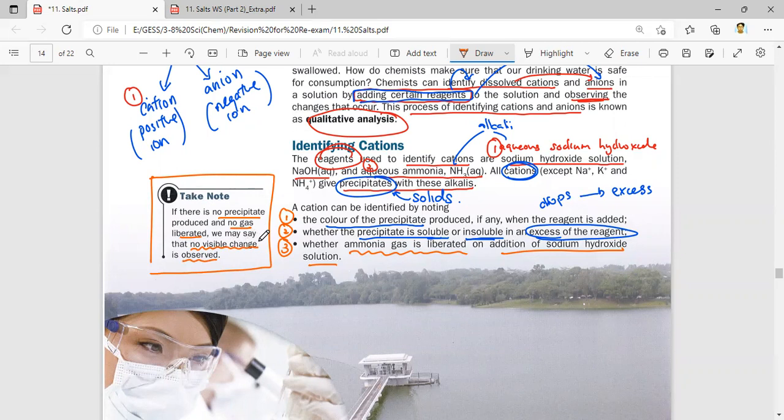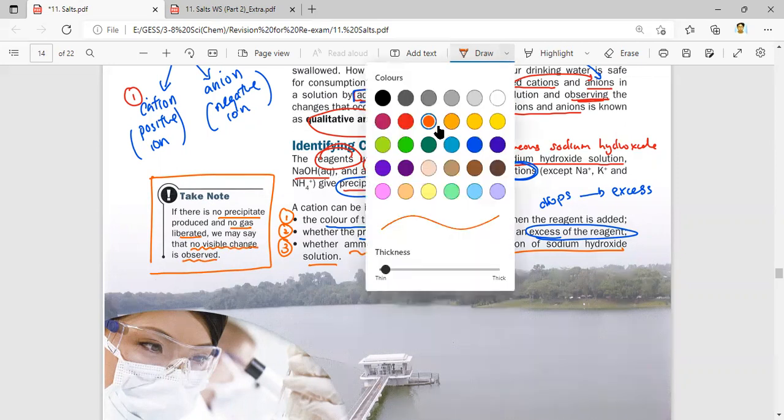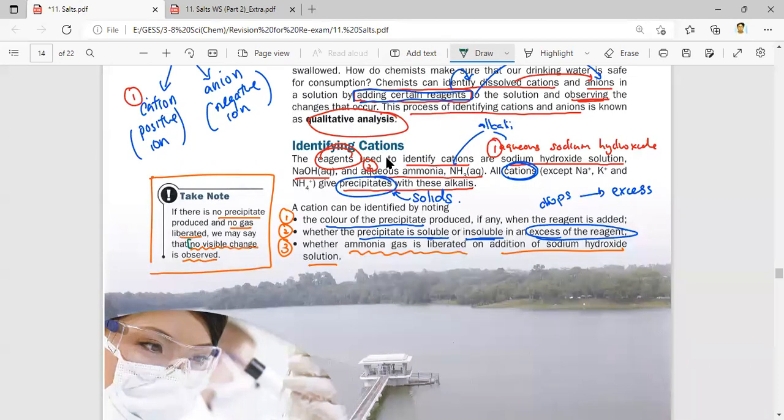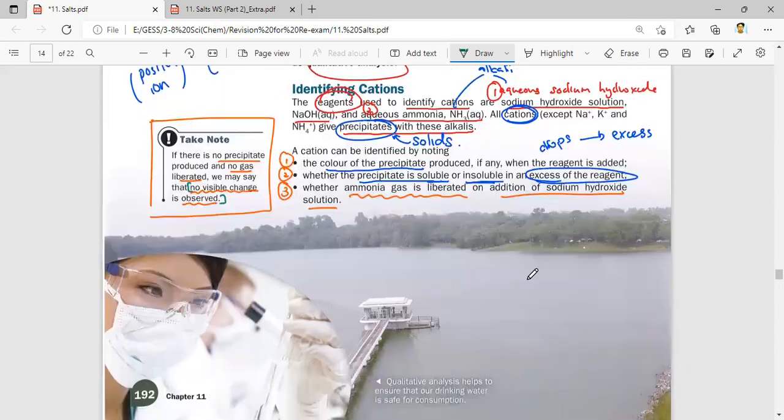Take note of the phrasing because you will need to use this for your practical. No visible change observed is one way to highlight that there's nothing really being seen there. No precipitate is formed, no gas is produced. So take note, no visible change is observed.